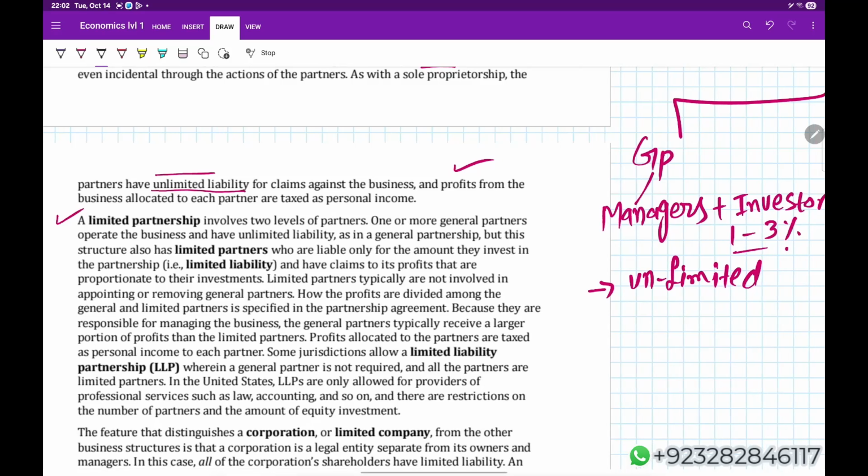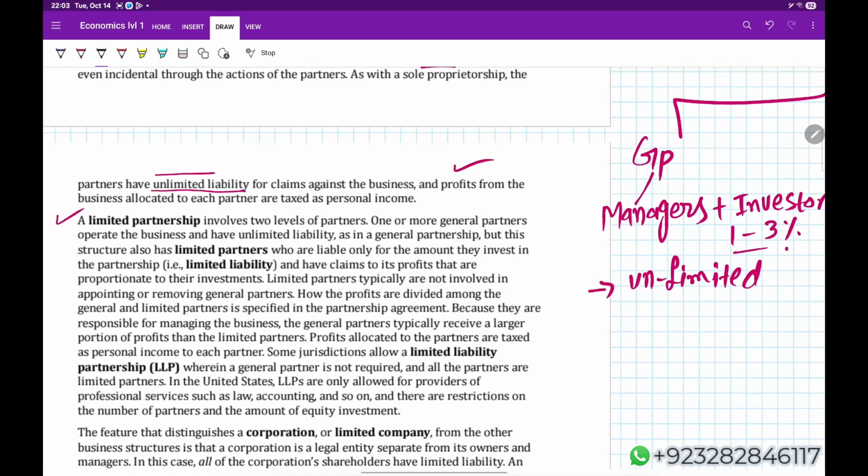And when I talk about liability status, from the general partners' perspective, we have discussed the legal status. Legally the business is not separate from the owners, particularly when we talk about the general partners.